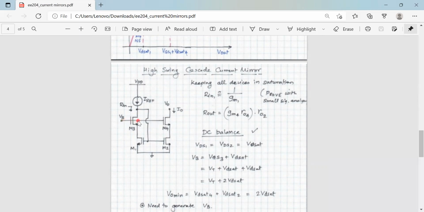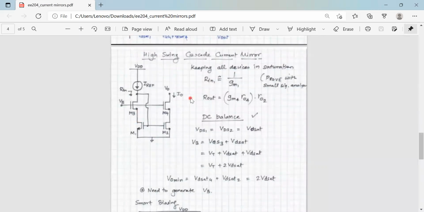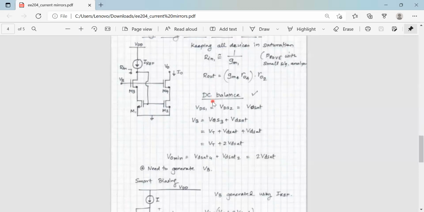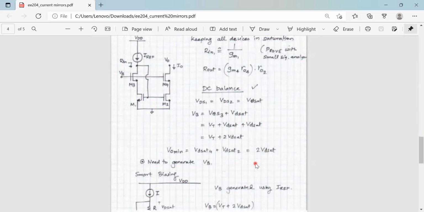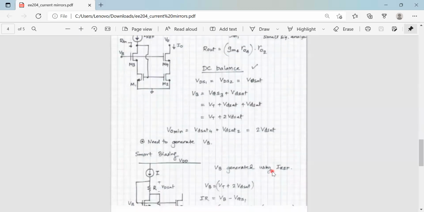Here, if you see the equations, we can know the Rin and Rout values, and the minimum output is VDSAT4 plus VDSAT2, that is V out. Generally, VDSAT is the same for all MOSFETs, so we will take 2 VDSAT.